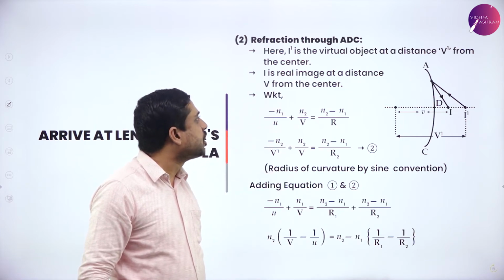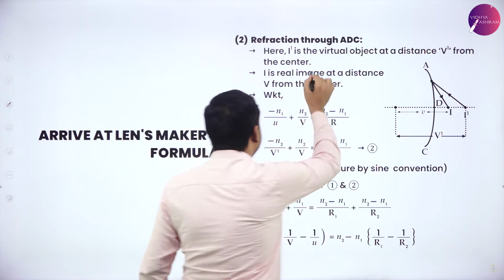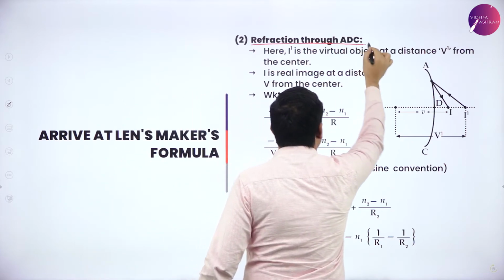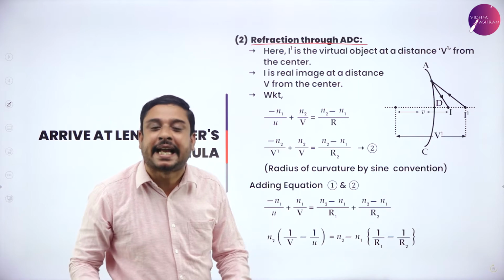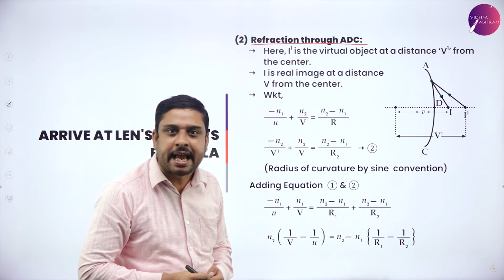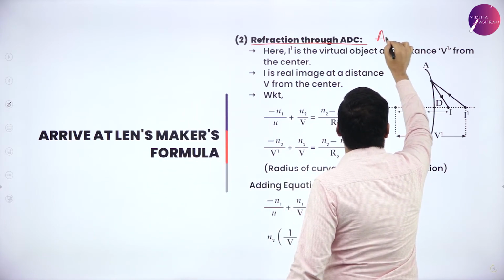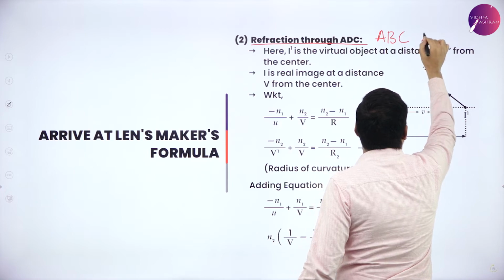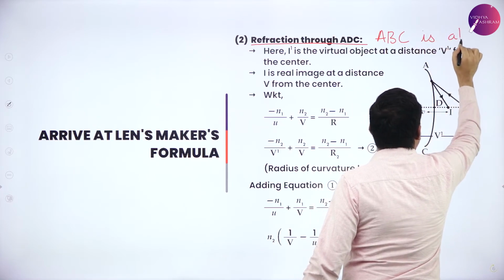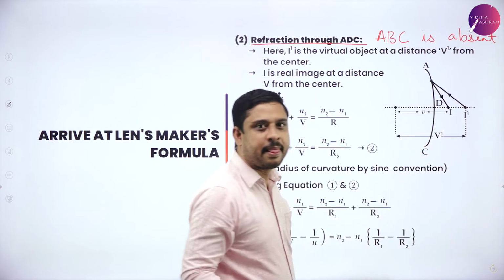Next, refraction through ADC. So, refraction through the second surface ADC, which means to say, now the first surface ABC is absent.